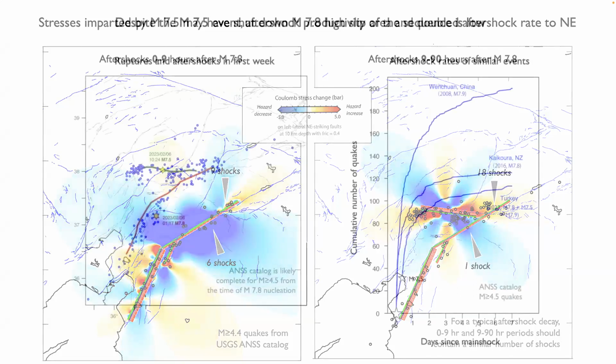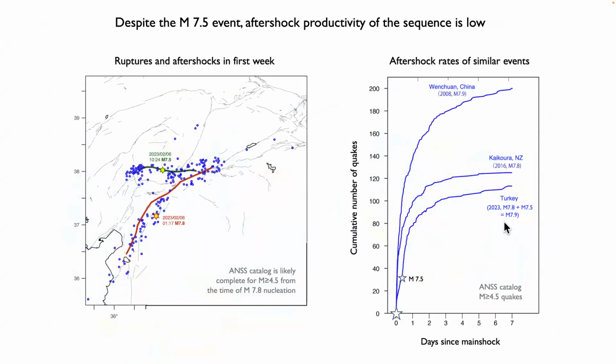On the left is the map that you've seen with the 2 ruptures and the aftershocks. And we can kind of explain these in terms of this area being shut down, this area turning on as a result of both earthquakes, this one turning on because of the 7.5, and this one turning on because of the 7.8. And on the right is the cumulative number of earthquakes with time.